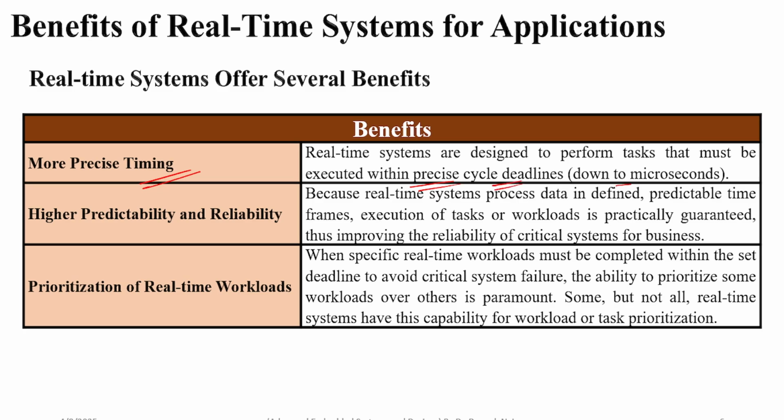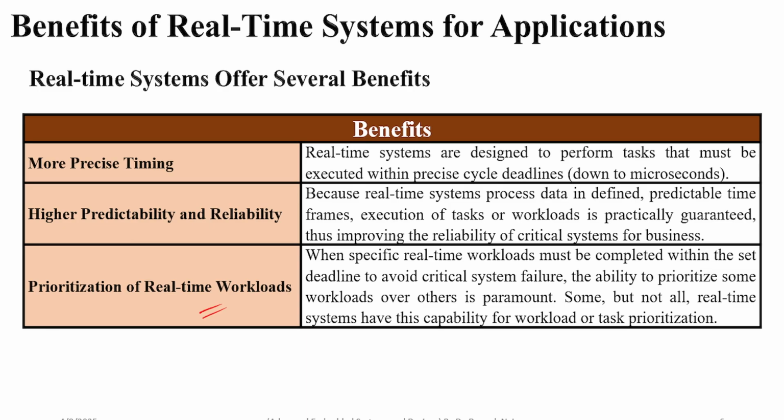It can even provide your outputs within microseconds. Second, such systems have very high predictability and reliability. Because the real-time system processes data in defined and predefined time frames, execution of functions or tasks is practically guaranteed. So they will never fail to provide the output within a prescribed time period.